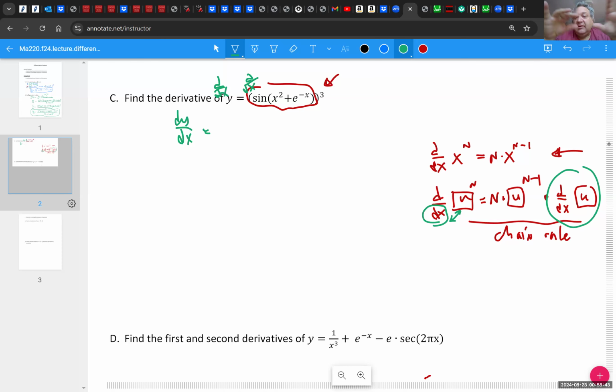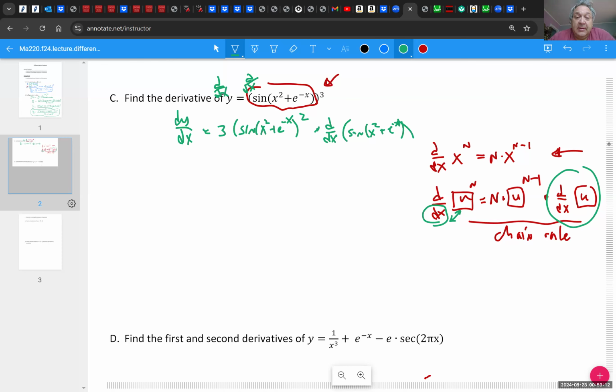So the derivative of thing to the third is 3 times thing to the second, that's the power rule, times the derivative of whatever that thing was. That's the chain rule. So let me fill in the thing. The thing is sine of x squared plus e to the minus x.